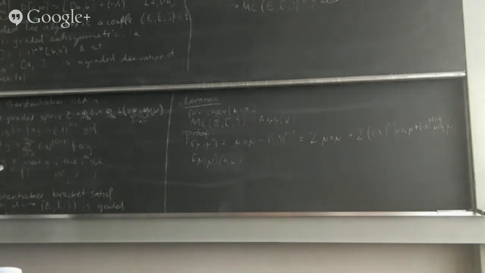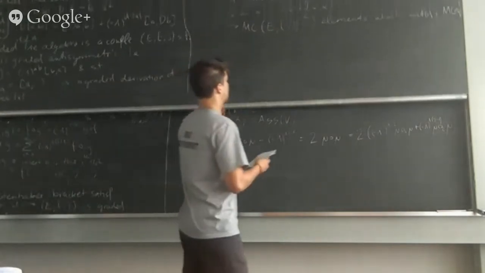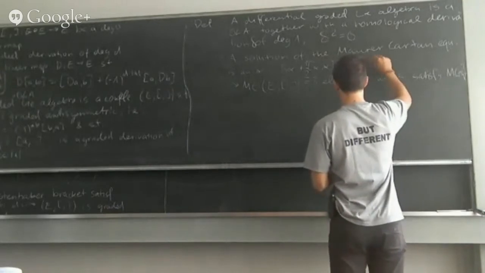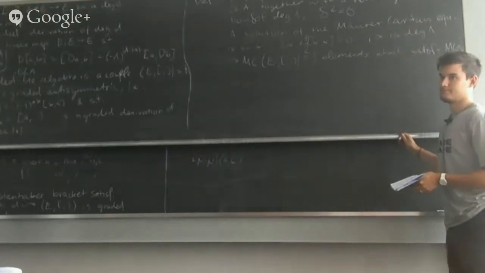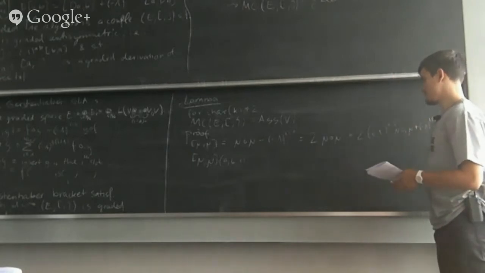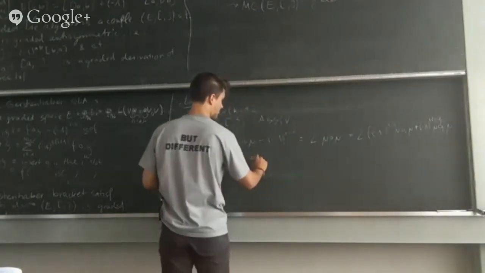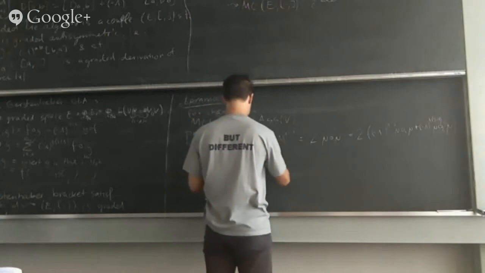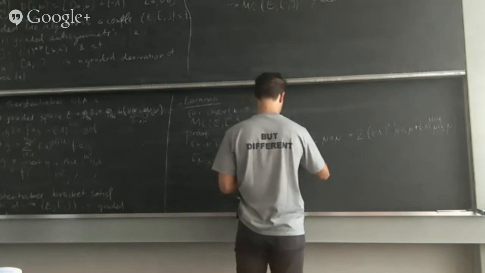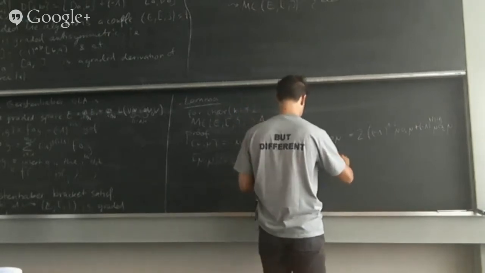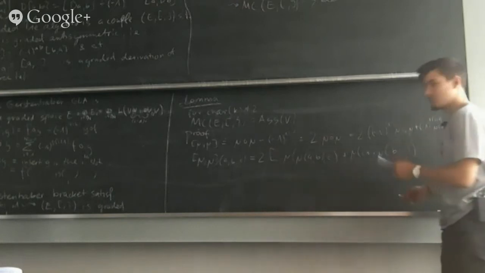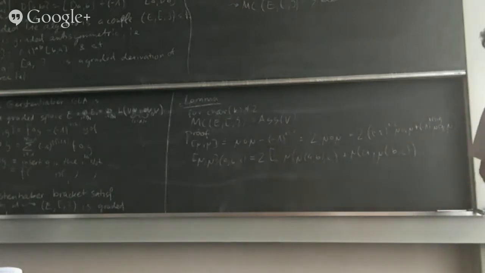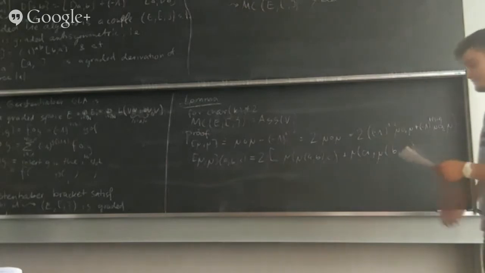Yeah. So by the definition of associative algebras, we have that the Maurer-Cartan equations are associative algebras.